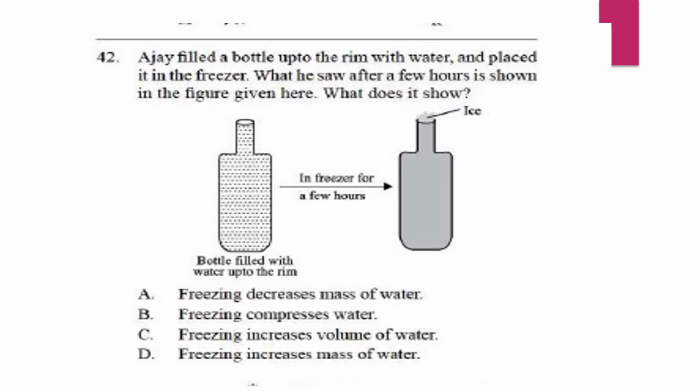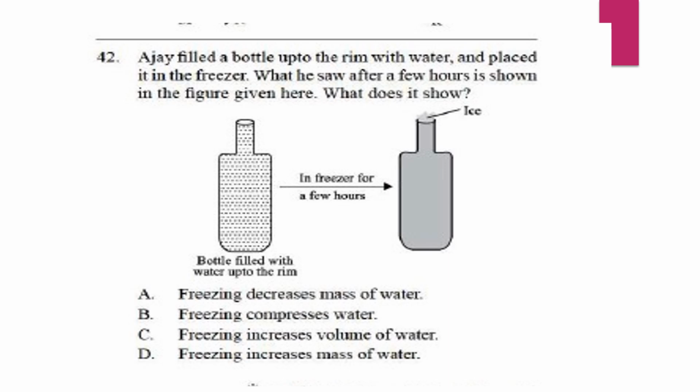Question number 42. Ajay filled a bottle up to the rim with water and placed it in the freezer. What he saw after a few hours is shown in the figure given here. What does it show? Here is a bottle filled with water up to the rim. And when it was in the freezer for a few hours, the ice came out from its mouth.